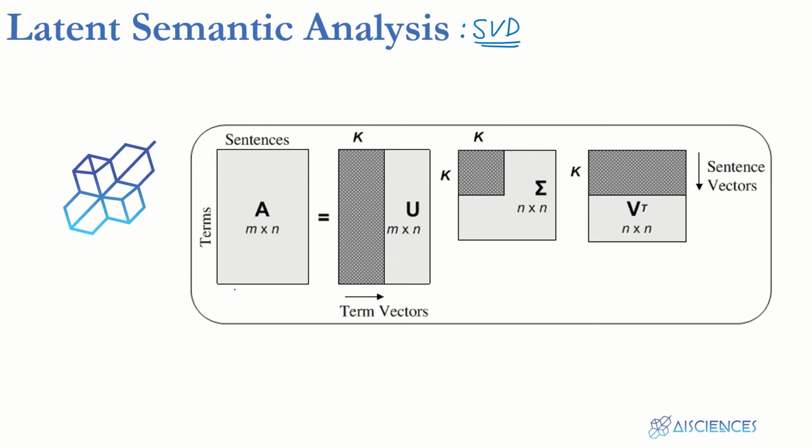So what we really do is think about this matrix as our term document matrix, and think of these sentences as documents. Each row, for example this particular row, represents a word, and the word has total dimensions n. Think of n as the total number of documents.